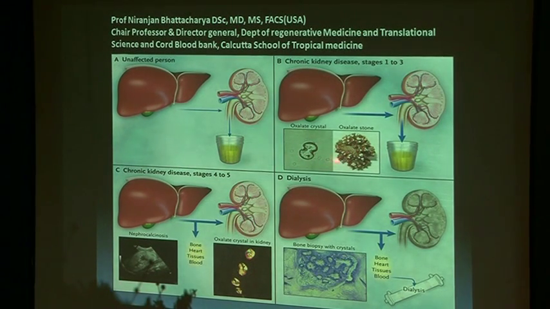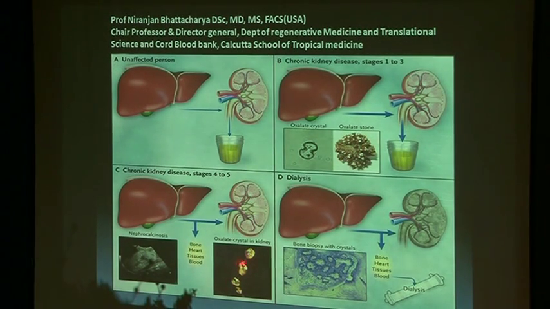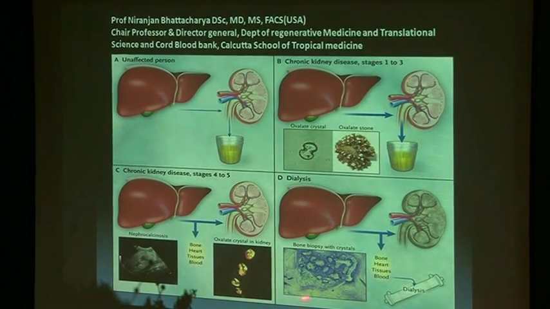Oxalate crystals could be traced in the tubules. Chronic kidney disease is progressing and the size of the stone is increasing. It is the end stage chronic renal failure with involvement of the liver and primary as well as reactive involvement of the entire kidney. Kidney is studded with calcinosis.